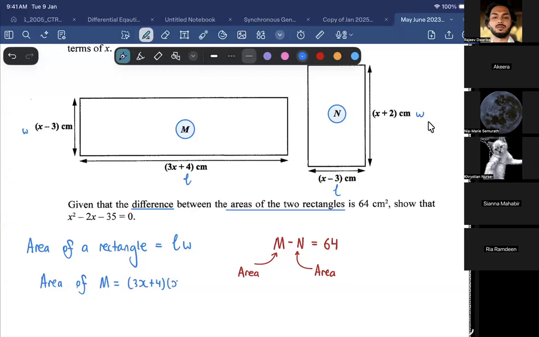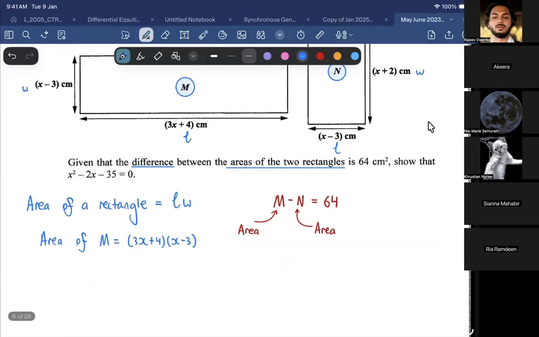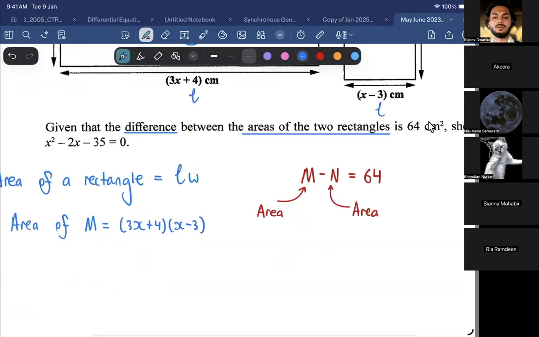x minus 3. Yes. Do you all remember how to expand the product of two binomial terms? Yes or no? You multiply everything in the first bracket.